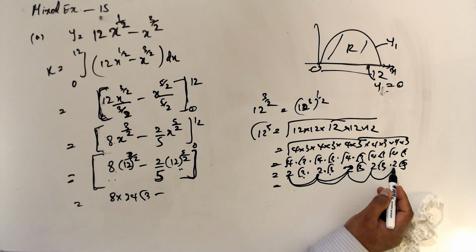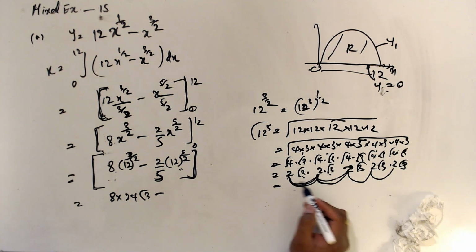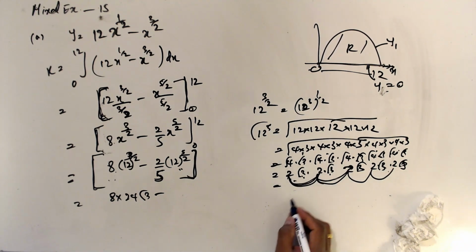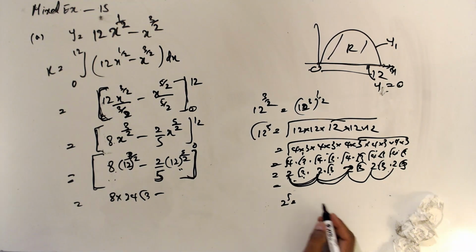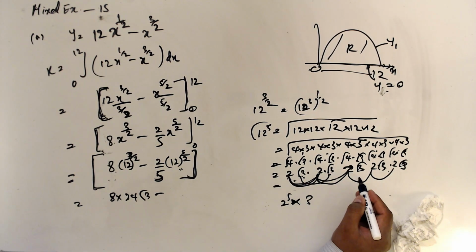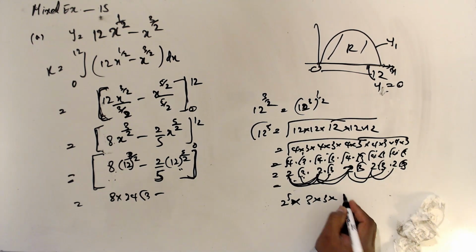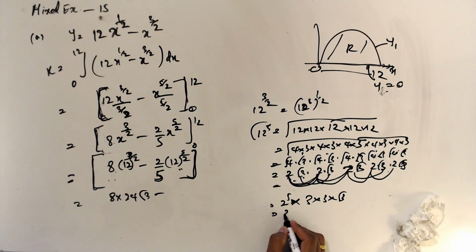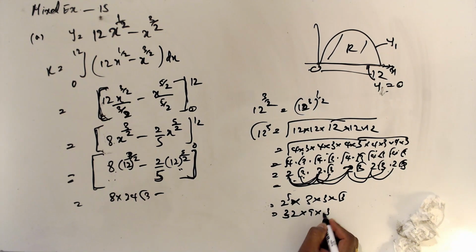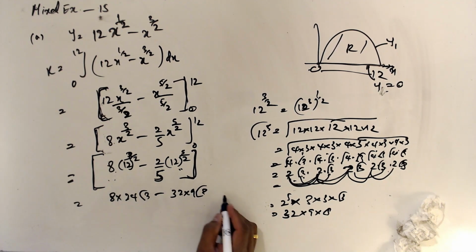It has to be 5: 1, 2, 3, 4, 5. Yes, 2 to the power of 5 multiplied by 3 and 3 and 1 remaining square root 3. So 32 times 9 square root 3.